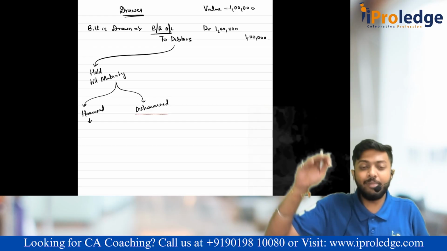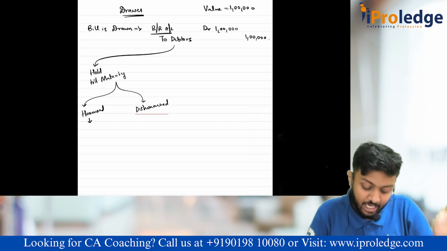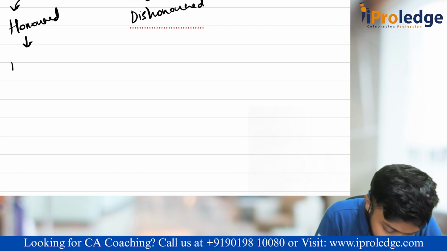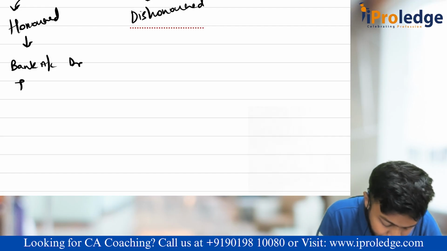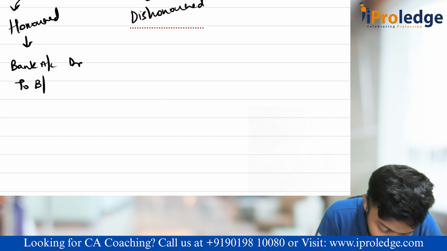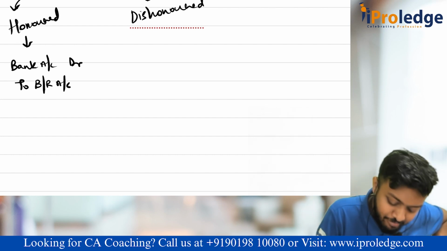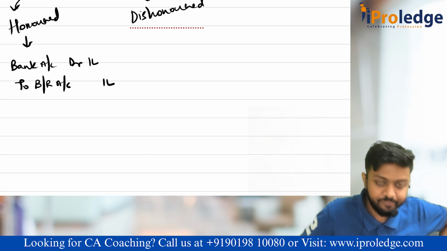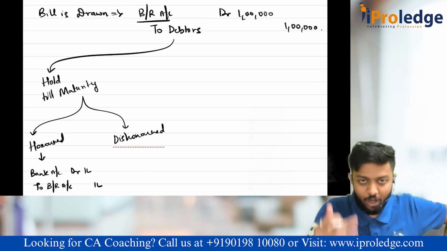The moment you receive the money, the BR account balance decreases and your money in the bank increases. So money is increasing, bank account debit, and your BR account is decreasing, so I will credit BR account. How much? 1 lakh. Clear. Then we'll come to dishonored later.